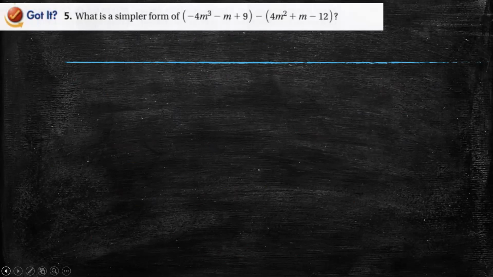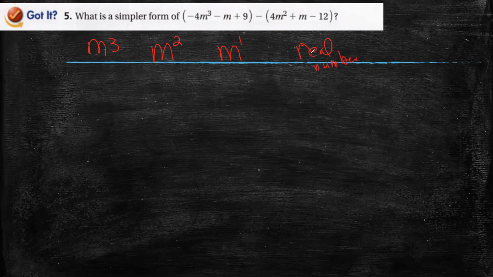I will make it horizontal to add, then I will make another one horizontal. We will say m cubed, m squared, m, or nothing, which is a real number. This is the first step.